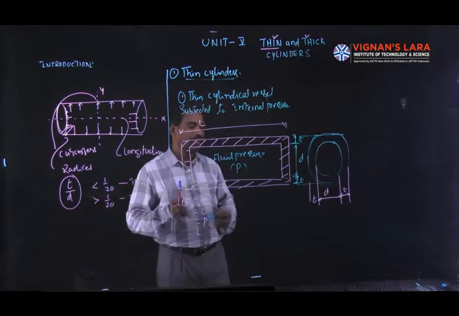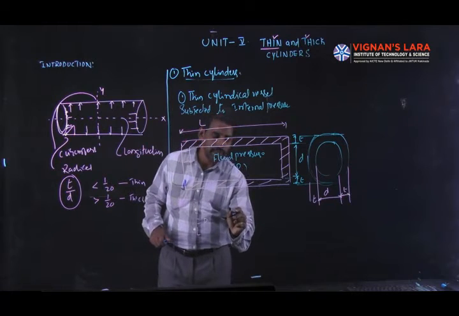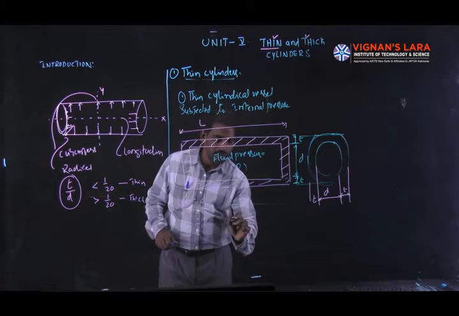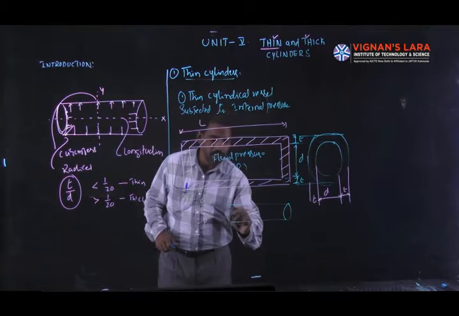Graphically that may be represented. For example, this is a cylindrical vessel; for our purpose, let us consider a small one.